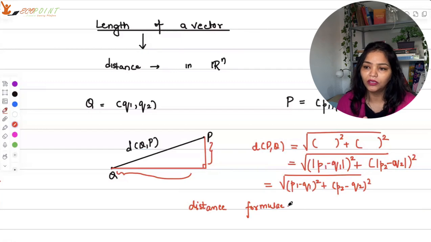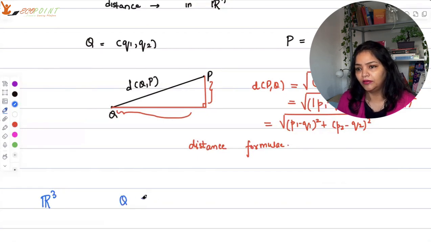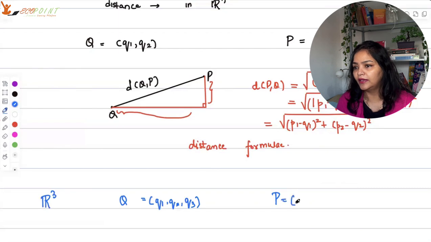Now, if you change the dimension from R2, you start thinking in terms of R3. In R3, there will be Q and P. Q would be a 3-tuple Q1, Q2, Q3. P will be again a 3-tuple P1, P2, P3.